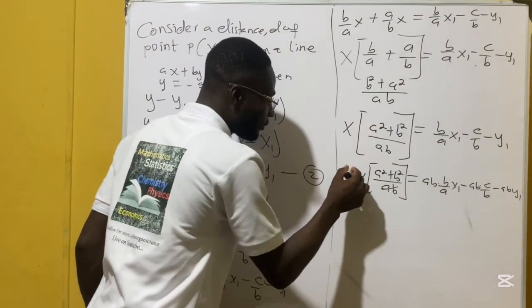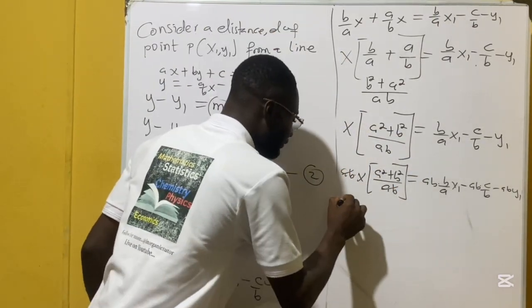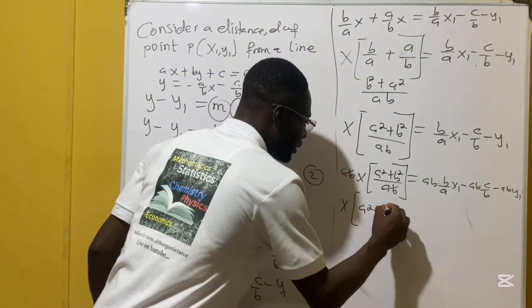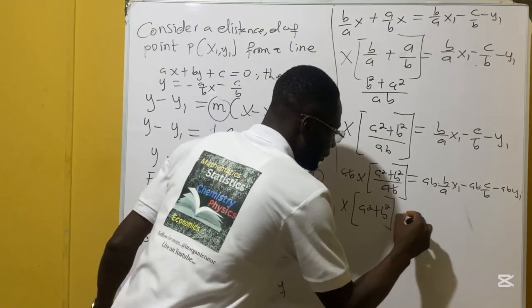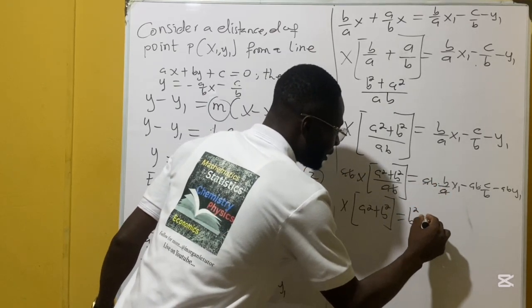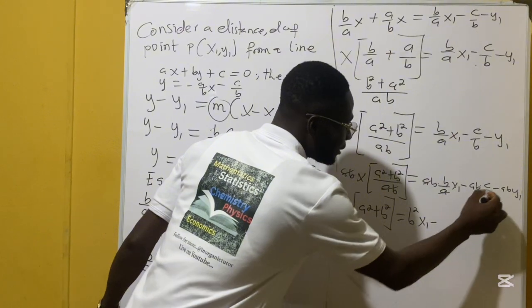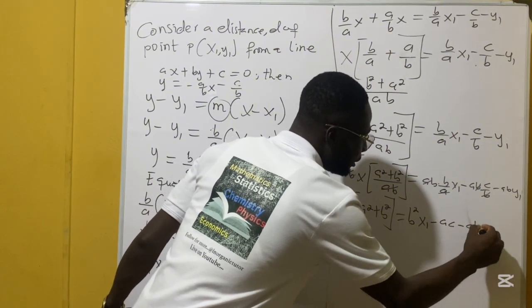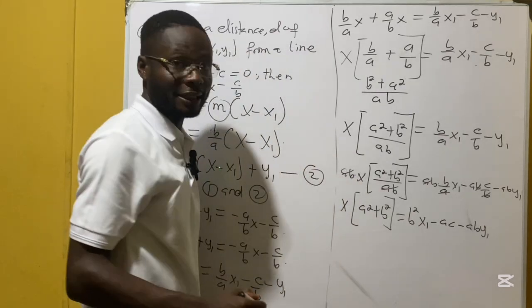So this takes off this, and then we're going to have x into a squared plus b squared equals, this takes off this, so we're going to have b squared x1 minus, this takes off this, so we have ac minus ab y1, right?